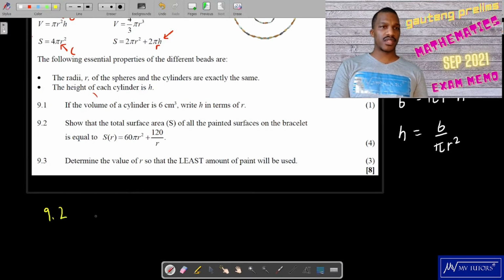To get the total surface area, I must add the surface area for the sphere, which is 4 pi r squared, and then I must add the surface area for the cylinder, which is 2 pi r squared plus 2 pi r h.